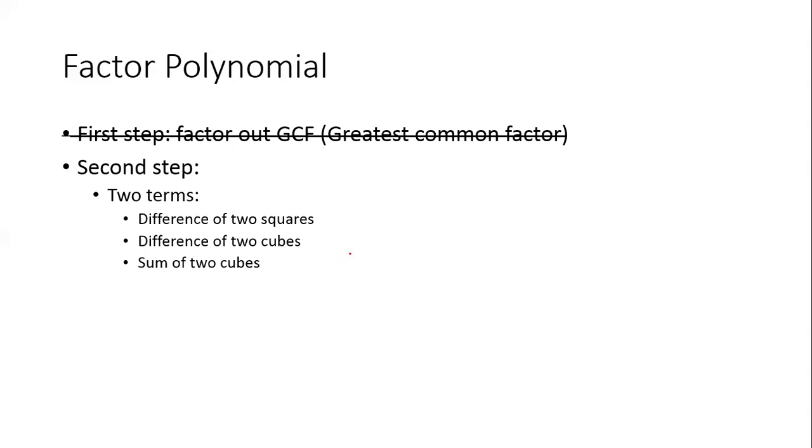That's the most common. The first one is called the difference of two squares. It's like a squared minus b squared. That can be factored to become a minus b times a plus b.